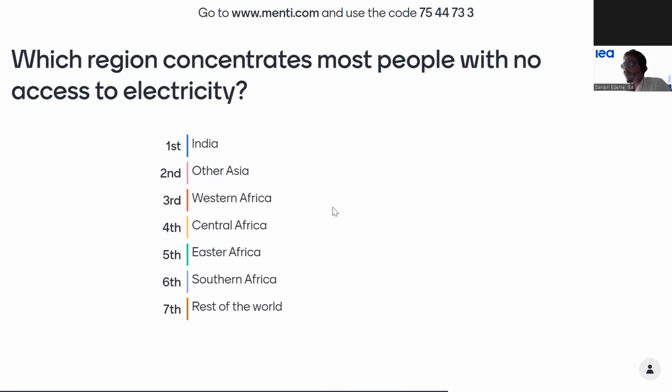starting from the region you think has the most people with no access to electricity. So we are not talking about access rate, in terms of percentage of their population, we are talking about how many people, in terms of million, there are in these areas who don't have access to electricity.